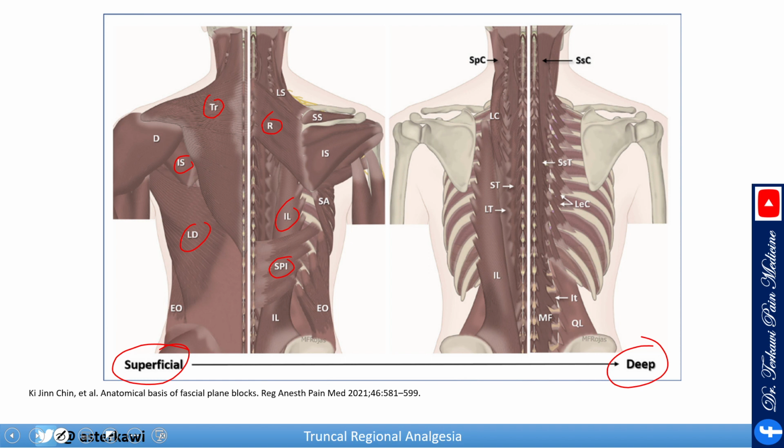Then as we go deeper, we get the erector spinae muscle and the multifidus muscle at the end, which is from here all the way above.